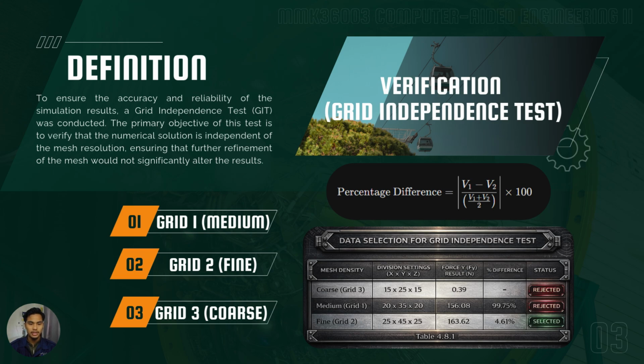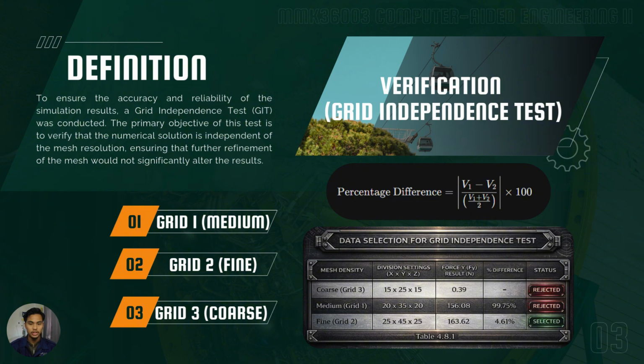The table here is the data selection for the grid independence test. The first column is the mesh density, for which I use the 3 different grids. Next, the division settings for each of the 3 grids. And next, we have the force results from the 3 grids.